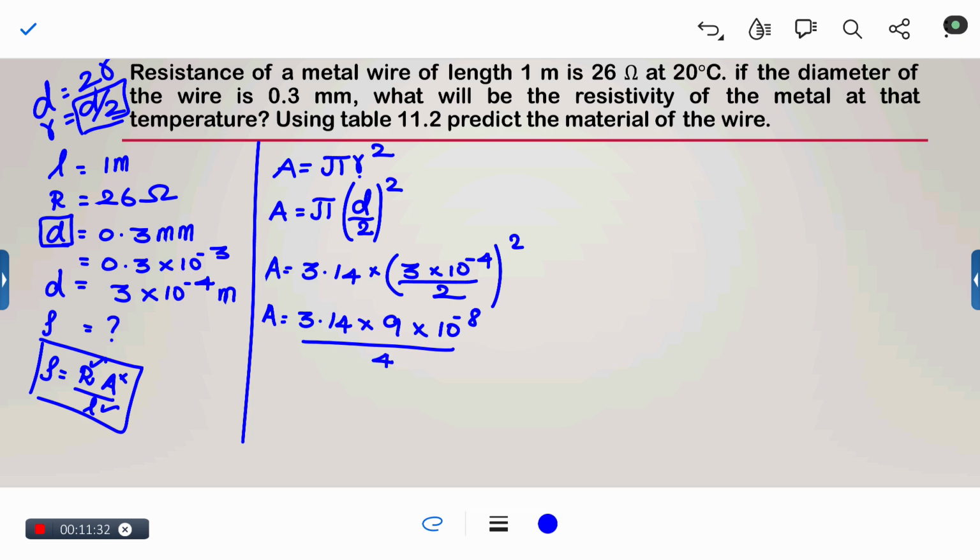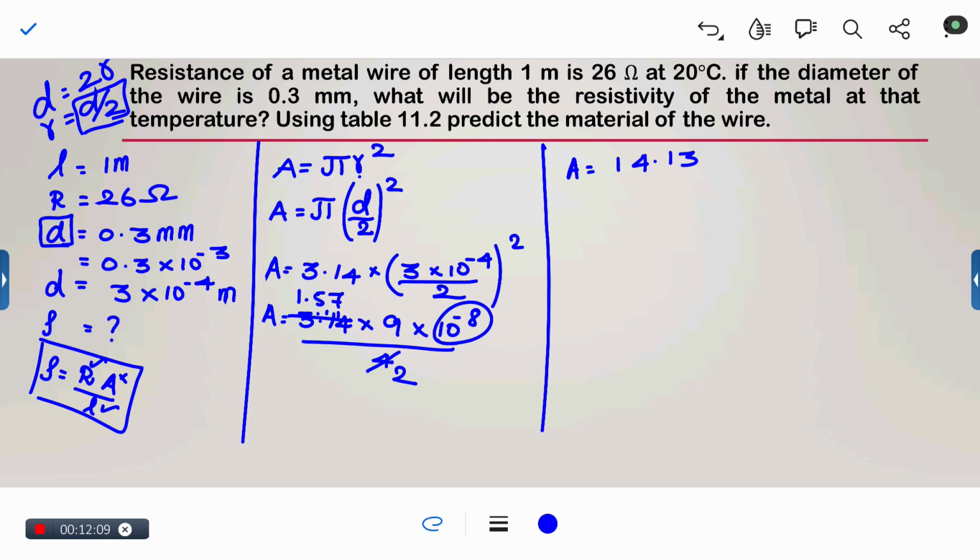Simplify: 3.14 divided by 2 gives 1.57. Multiply 1.57 into 9, which gives about 14.13.